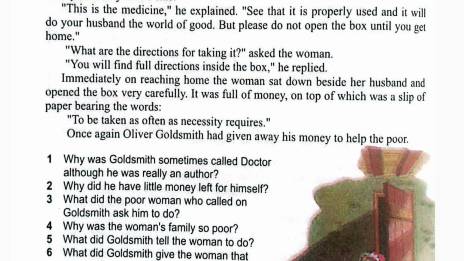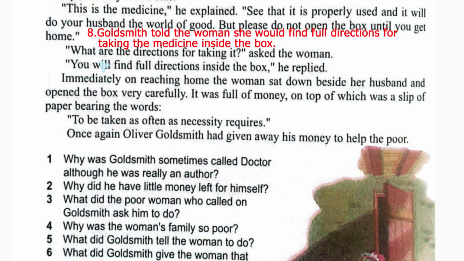Later he tells her, "You will find full directions inside the box," when the woman asked what the directions for taking it were. So we can write the answer here: Goldsmith told the woman she would find full directions for taking the medicine inside the box.